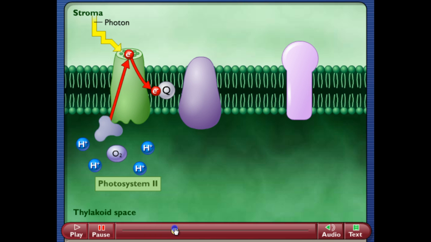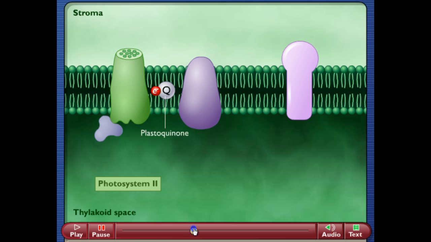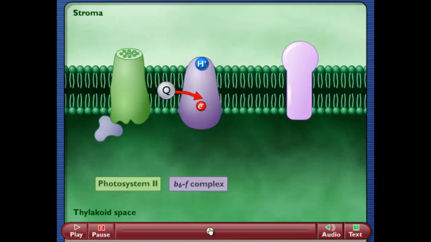Now remember, we're working up to step 4. So our electron now gets passed to Plastoquinone down this electron transport chain via the B6F complex. Now, let's write step 4. Now, arrival of these excited electrons causes the B6F complex to pump protons, otherwise known as hydrogen ions.